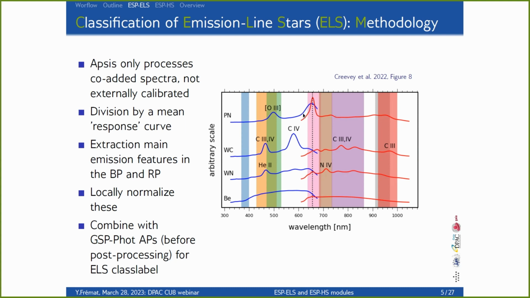Meaning that when we decide to extract, for example, the H-alpha line, we will mainly take the version that we find on the RP spectrum, which also has some drawbacks, because here we are at the blue edge of the RP passband, whose response function is dropping very rapidly, meaning that the precision of the mean response curve we use to correct the spectrum also has a lower accuracy in that region.